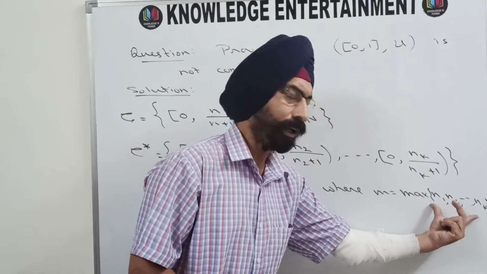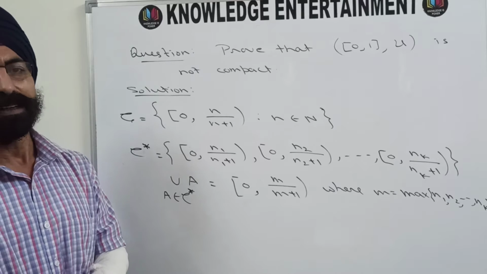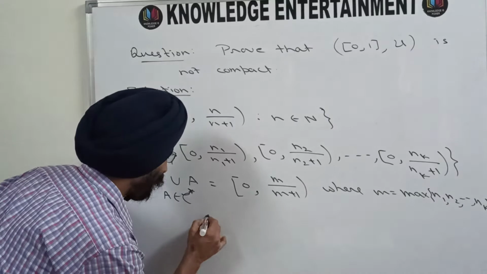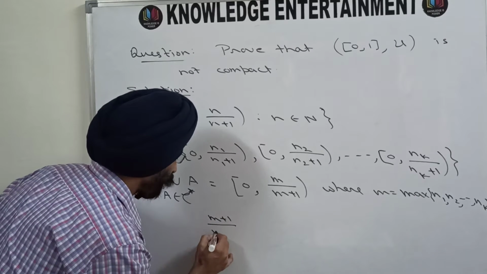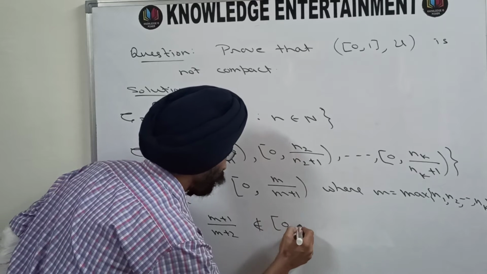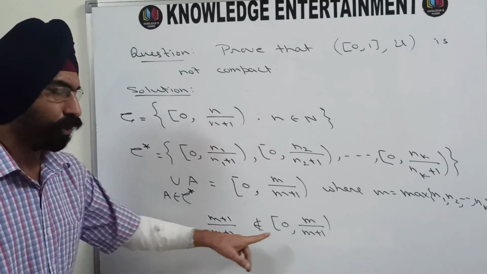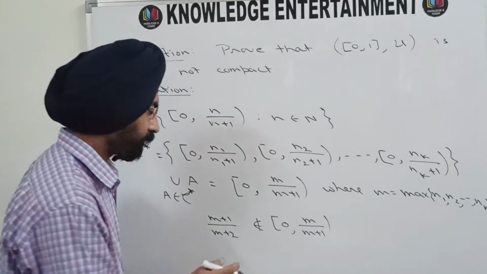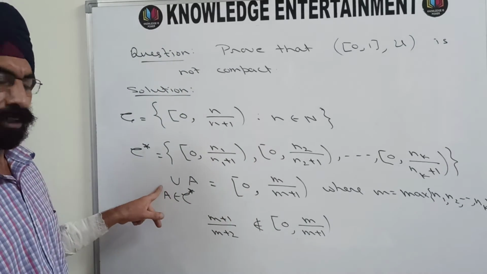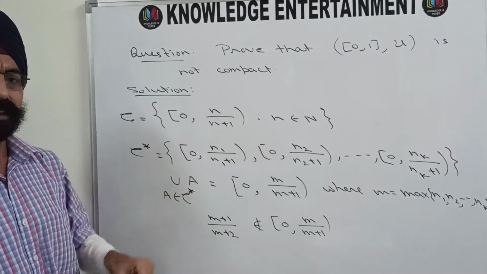If m is the maximum of all these, then their union will be [0, m/(m+1)). And very interestingly, you can note that (m+1)/(m+2) does not belong to this union [0, m/(m+1)). This element does not belong to this union, so how can this union cover [0, 1]?